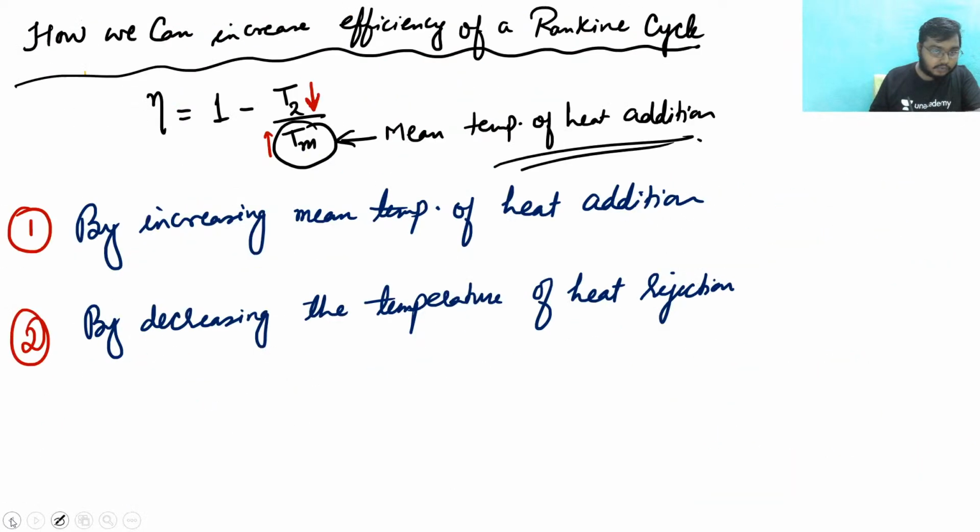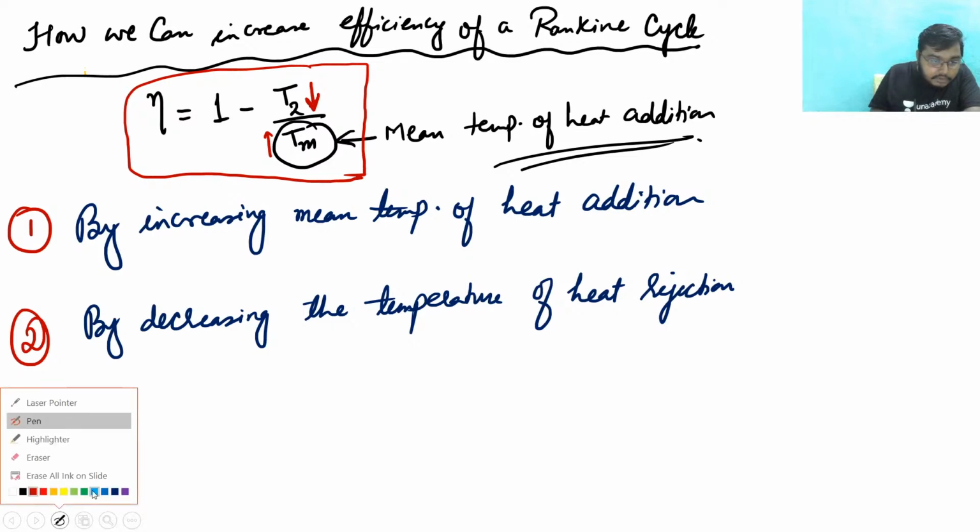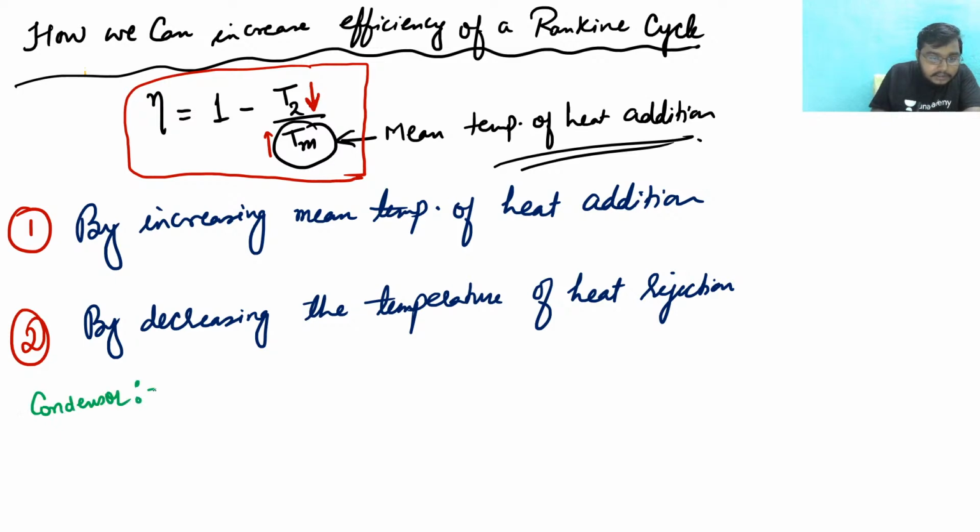Now see here. Efficiency is equal to 1 minus T2 by Tm. Now when I am using the condenser, what is happening with the condenser?